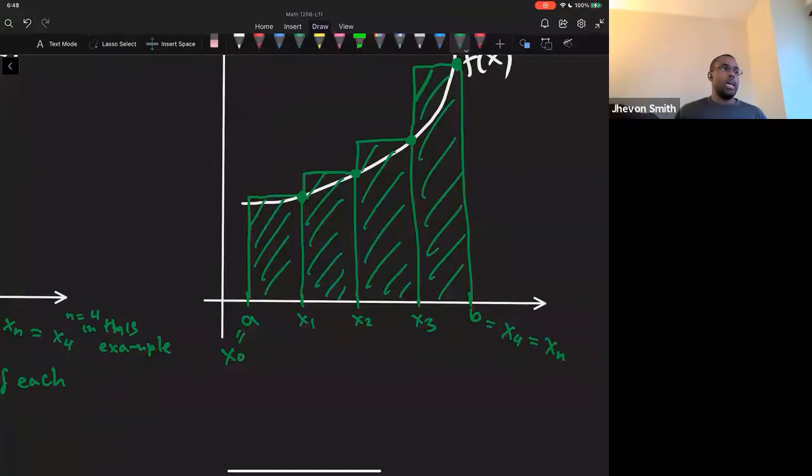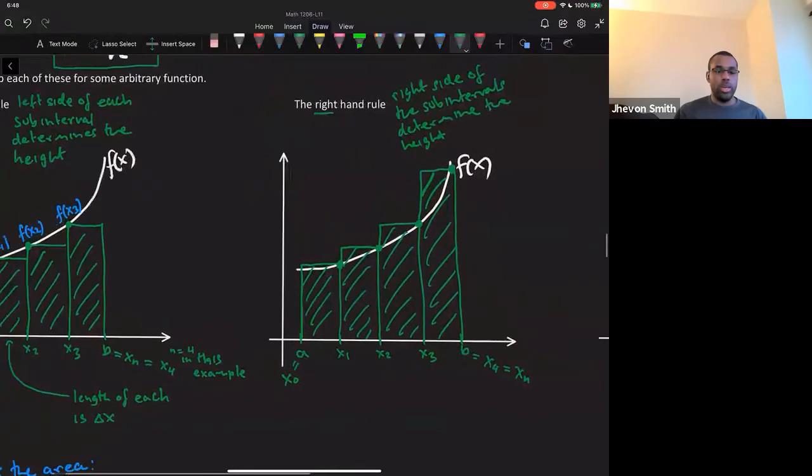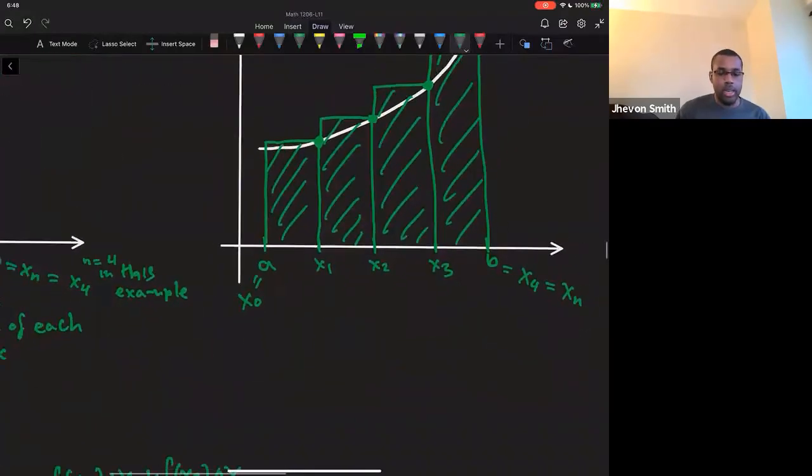Okay. Now, here's what you would notice between these two, and it's a similar idea.